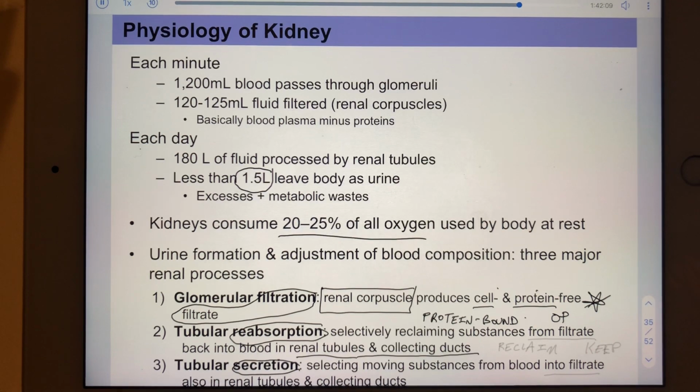Reabsorption, you might think of it as reclaiming or reclamation. Or you might think of it as keeping. This is the stuff we're going to keep, okay? Whereas if tubule cells secrete, then we're sending things into filtrate rather than out of filtrate, all right?